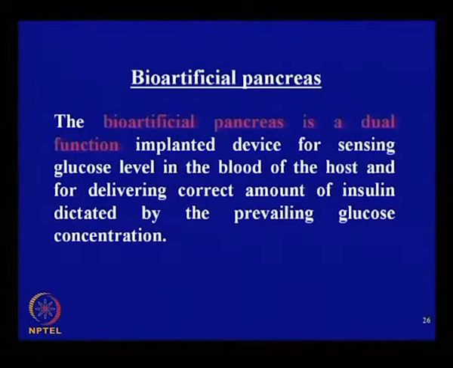So, this bioartificial pancreas is a dual function implanted device for sensing the glucose level in the blood of the host and for delivering the correct amount of insulin dictated by the prevailing glucose concentration. So, you have got the concept.